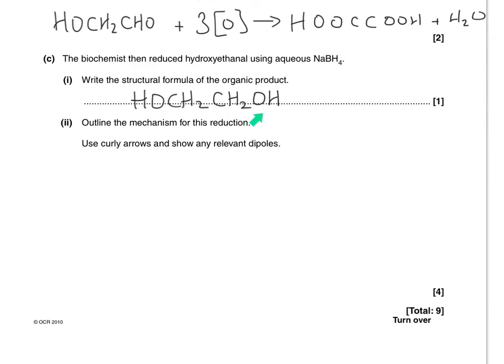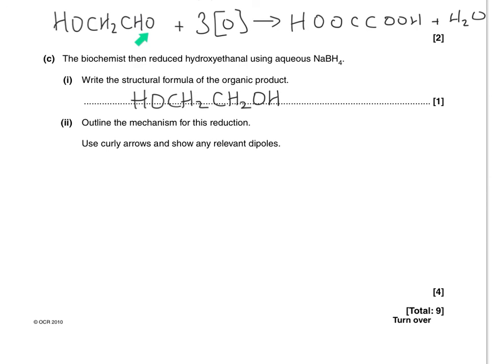And if you've watched my video on reduction of carbonyls, I've got this silly way of remembering it. It's the oxygen sandwich. So we need 2 reducing agents, 2 H's in square brackets, and we put 1 either side of that O. So we end up with CH2OH.